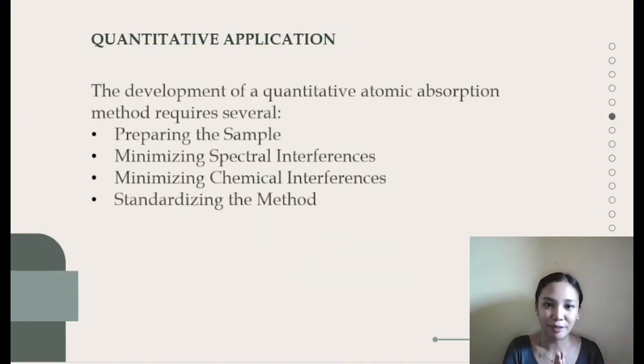Next, preparation of the sample. When it comes to the preparation of the sample, it depends on the atomization that we are going to choose, because flame or electrothermal requires the analyte to be in a liquid state. So if our sample is in a solid state, we must dissolve it into its appropriate solvent with the use of a hot plate or by putting it in a microwave, applying nitric acid or perchloric acid.